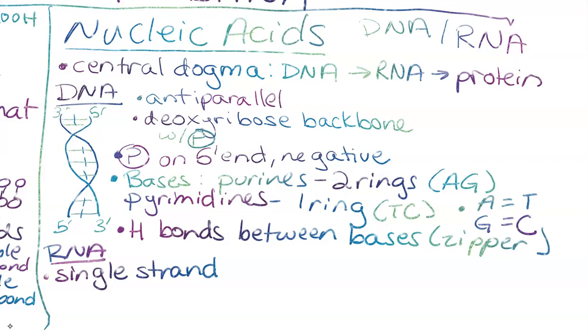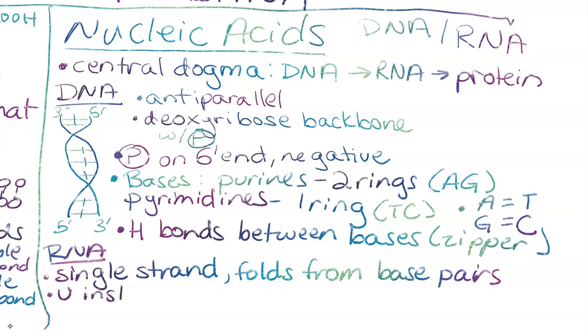And it folds from the base pairs. It has uracil instead of T. So uracil would be then a pyrimidine, and it would bond with A.